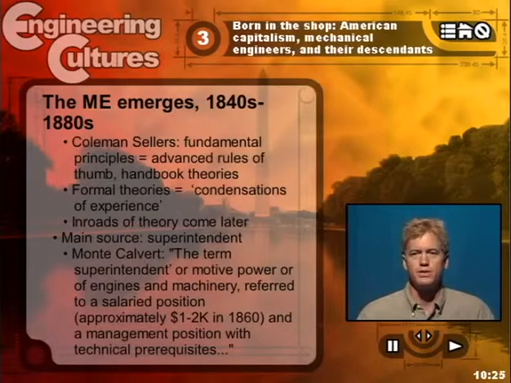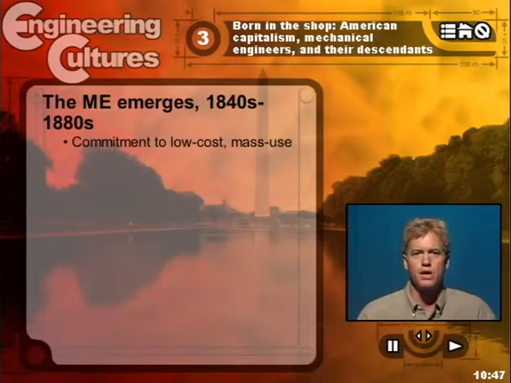So the dual image of the superintendent as both technically competent engineer and manager is established inside of the manufacturing shops during the mid-19th century. Given that these people worked in shops, they had a deep commitment to the American style of manufacturing, the commitment to low-cost mass use very much characterized the engineers.